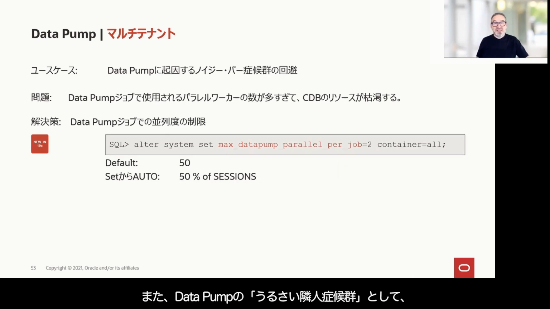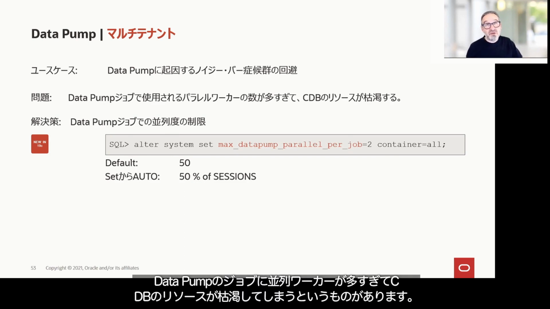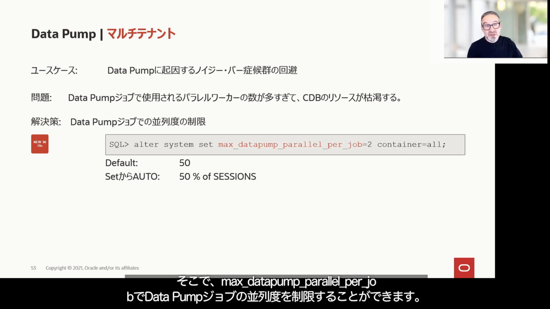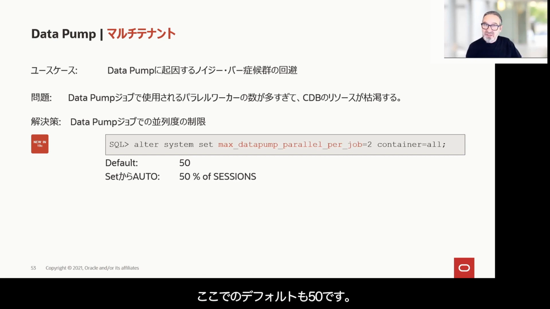Also, another noisy neighbor syndrome with Data Pump is too many parallel workers in a Data Pump job, depleting the resources of the CDB. So you can also restrict the parallel degree in a Data Pump job with MAX_DATAPUMP_PARALLEL_PER_JOB. And the default here is also 50.